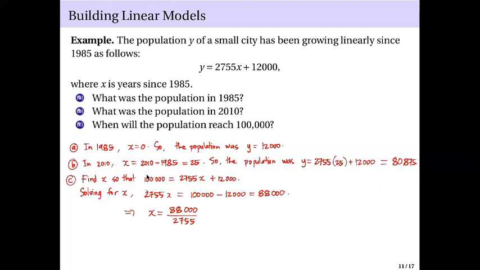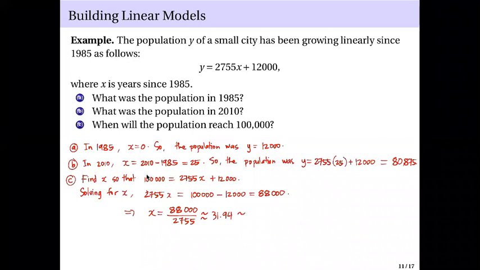So this means, what is x? It's roughly 31.94.